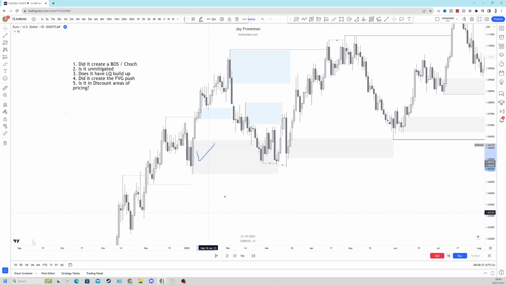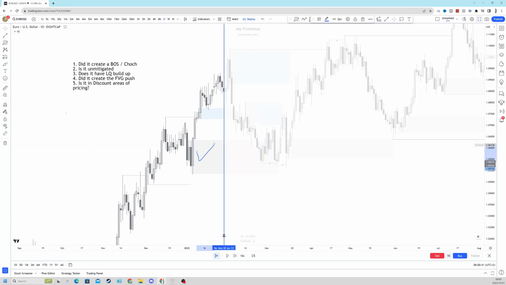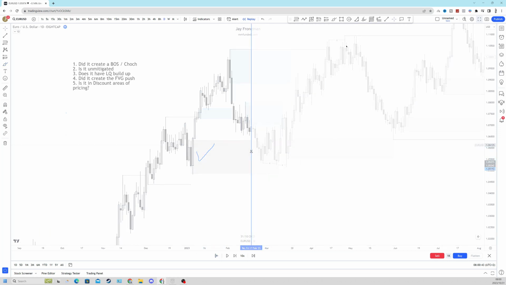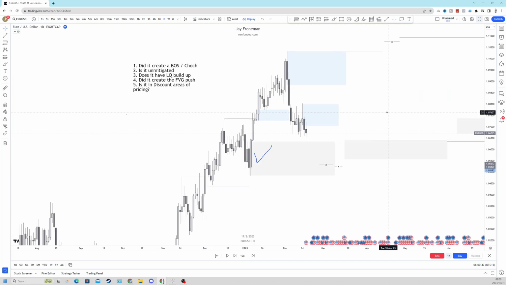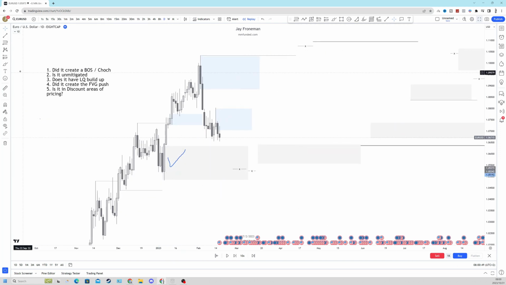Well, at the time, if I move back price to, let's say, this point in time, we've created that break of structure, which we've got marked out. Is this zone unmitigated? Yes, it's unmitigated because price has not tapped into the zone before. So yes, that point number 2 is checked.